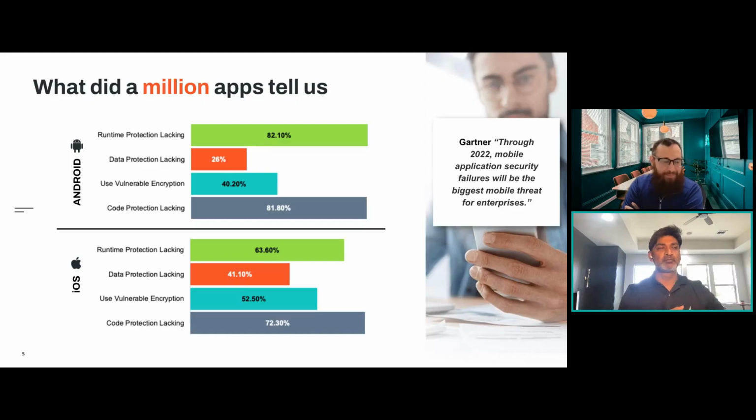So we said we're going to look at 1 million of them and see what comes out. These apps are their bread and butter, right? If you think of the amount of money some of these apps make through their mobile, it's insane. So you'd think you want to protect it. But look at the issues that we're seeing. People write mobile apps and don't protect their code, which essentially means, think about it.